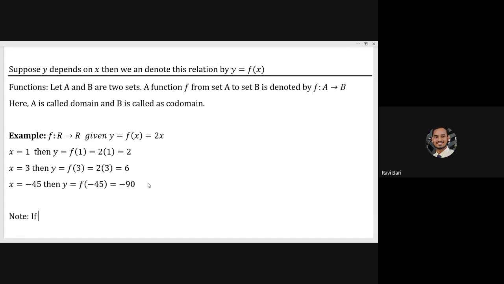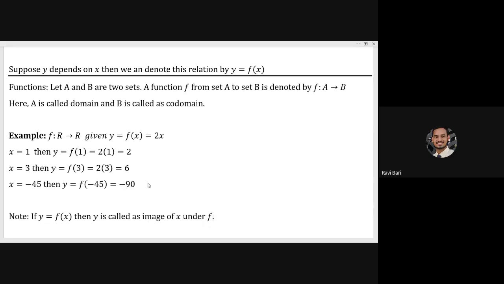Let's take a note. If y is equal to f of x, then y is called as image of x under f. अगर y is equal to f of x हो रहा है तो हम लोग बोलेंगे कि y जो है वो इमेज है ऑफ x का अंडर f.